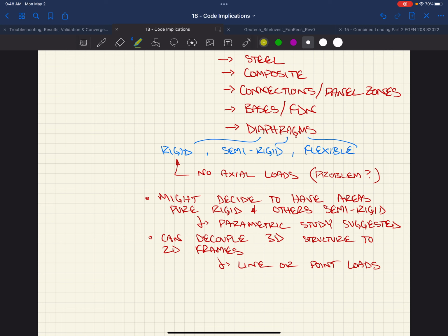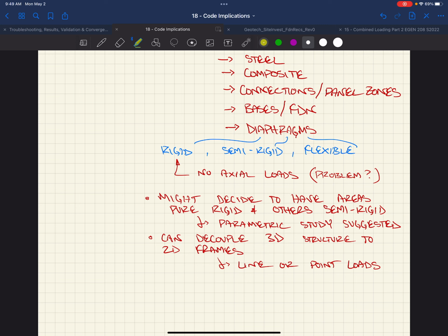Like your decision on using one of these three. If you have a basic square building, rigid is pretty good. I've never played around with semi-rigid. Yeah, that's cool. That's neat.